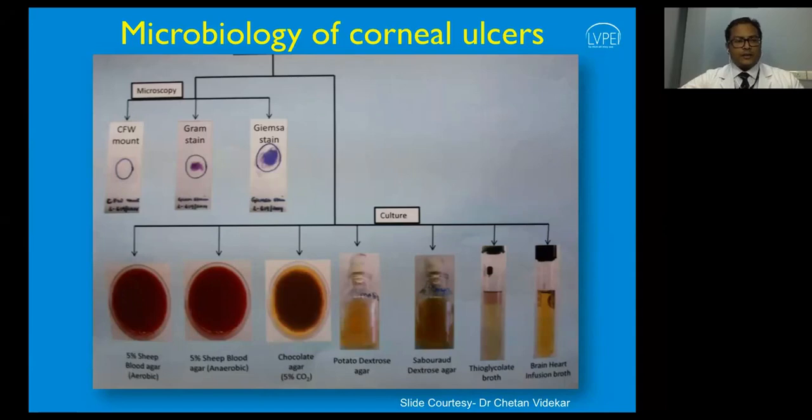So once you have the inoculate in your lab, you can send it across to the microbiologist. In the absence of any of them, you can simply do a smear examination over any available lab microscope, and get on with your results.